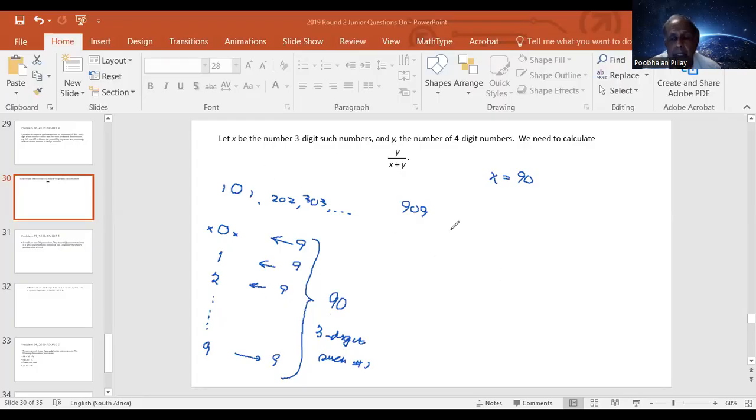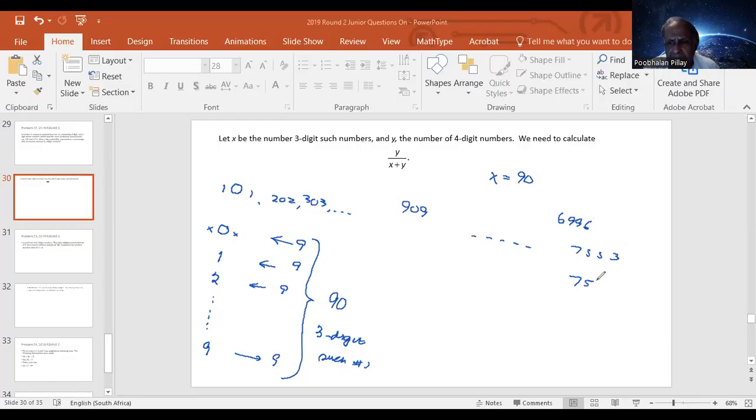Now, let's look at what the 4-digit numbers are. Now you've got 4 digits. It reads the same backwards and forwards. So what are the numbers? Like, for instance, 6, 9, 9, 6, or 8, 7, 7, 8.